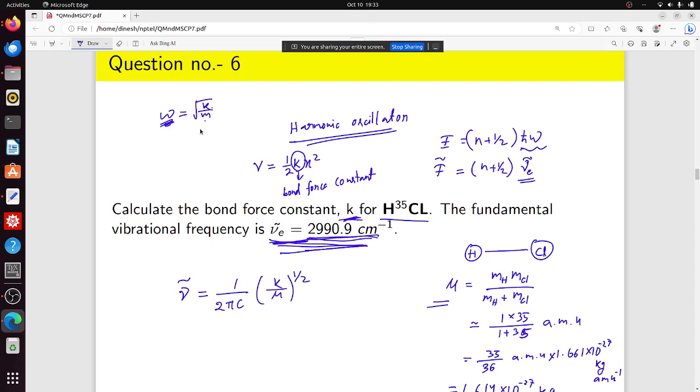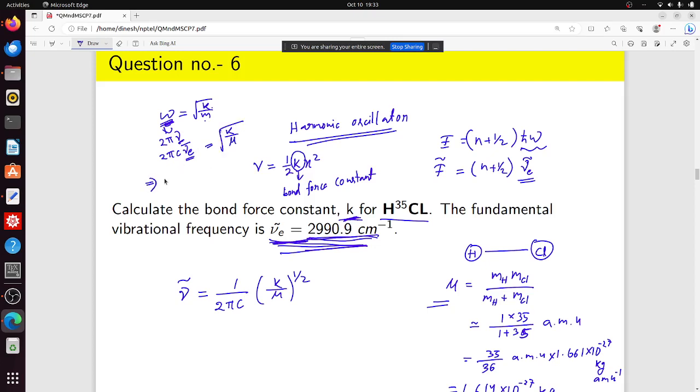So similar to that, this omega is 2 pi nu, and this is the frequency. We can write this nu in terms of wave number by simply dividing by c. So this will be converted in terms of wave number, and for this system our mass is the reduced mass, right?